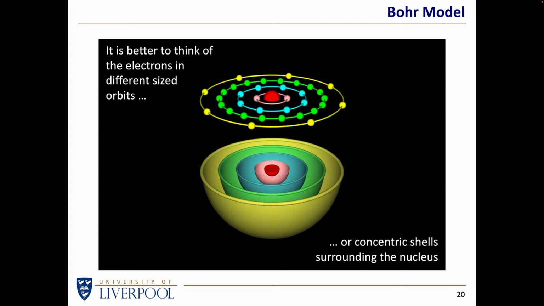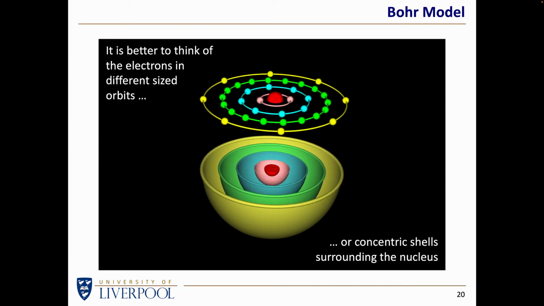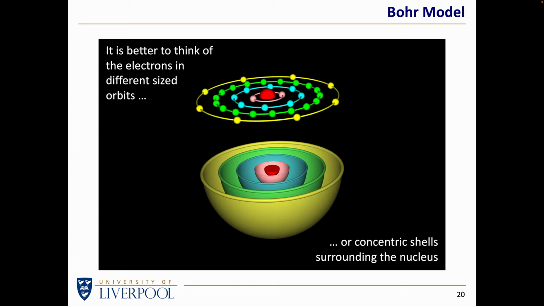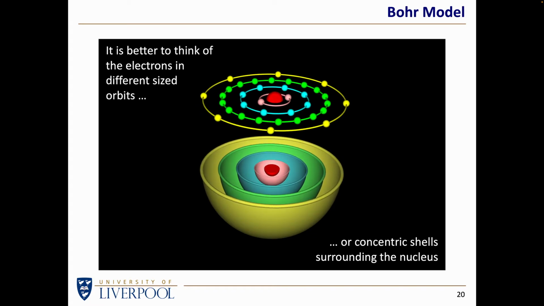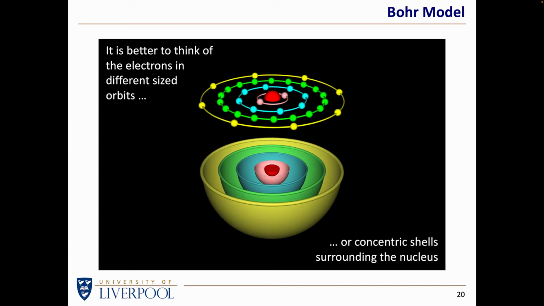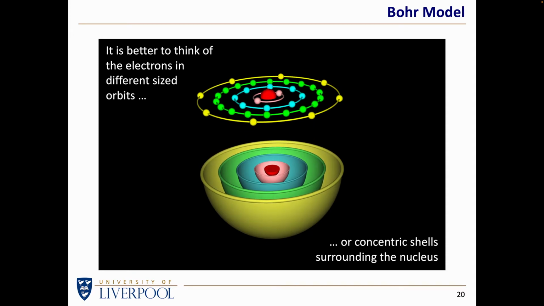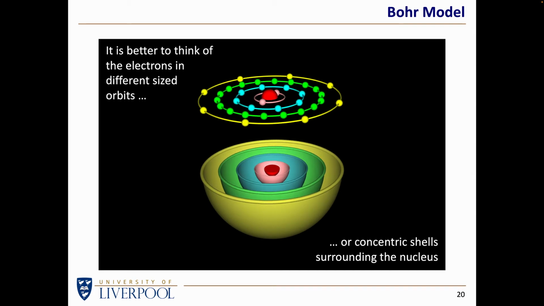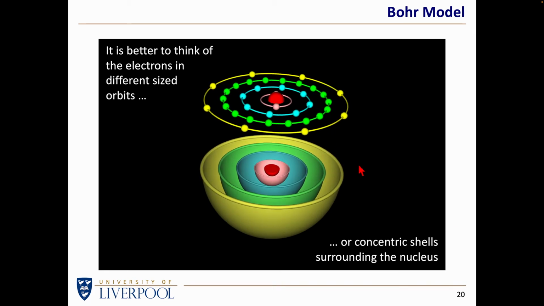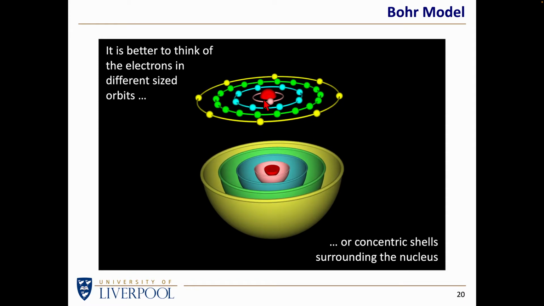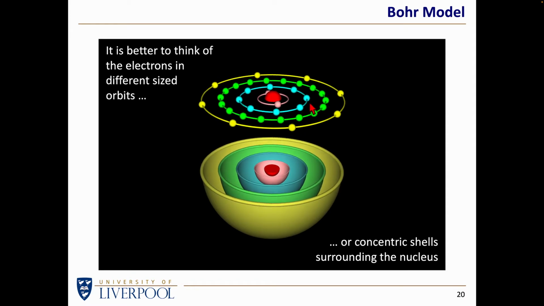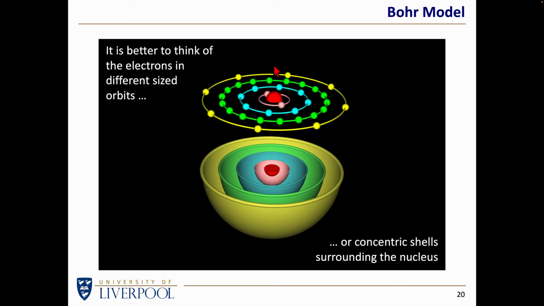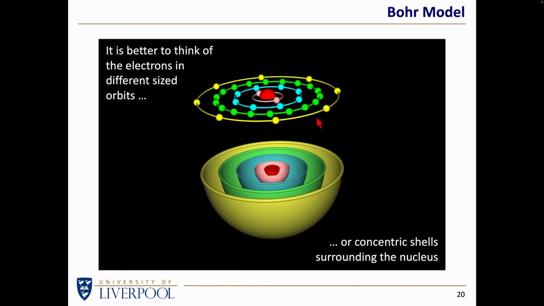So it's a little bit like a solar system, but notice there's a lot of differences. Well, yes, there's a big heavy nucleus in the middle, just like there's a big heavy sun containing most of the mass of the solar system at the centre. But one of the differences is that if you think of the objects here going round in orbits, you can see that there's 2 electrons in one orbit, and then there's 8 in the next, and then there's 18 in the next, like a string of pearls.